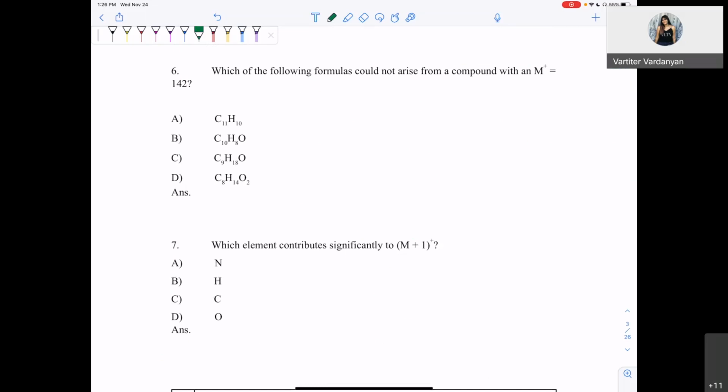This is moving on to mass spec, and mass spec is cool because it's not too many rules, in my opinion. So when we're looking at an M plus peak that is 142, what do we automatically think about?